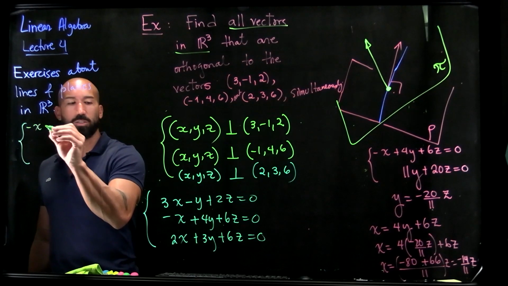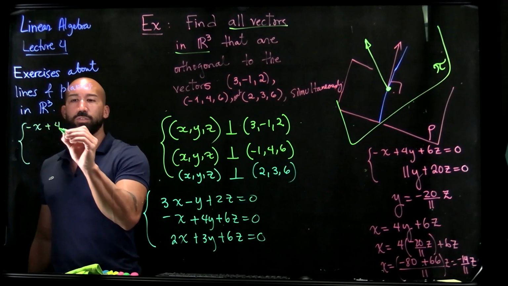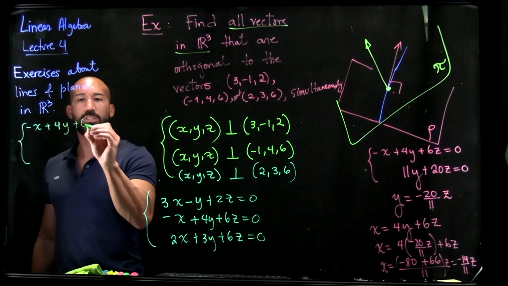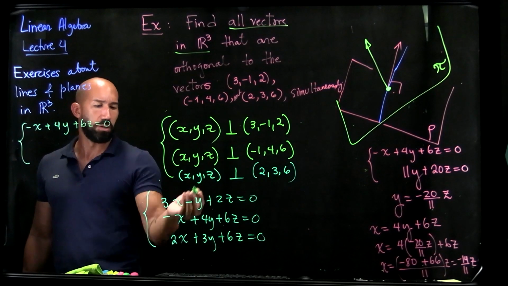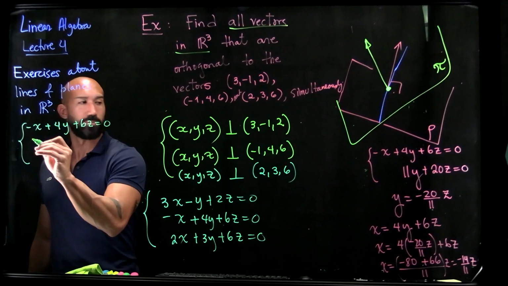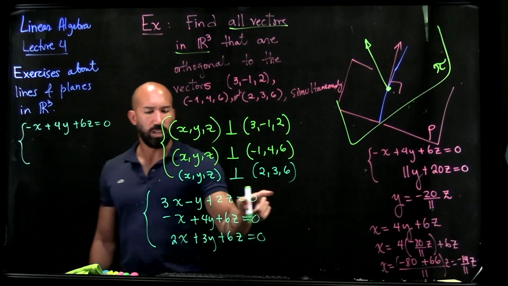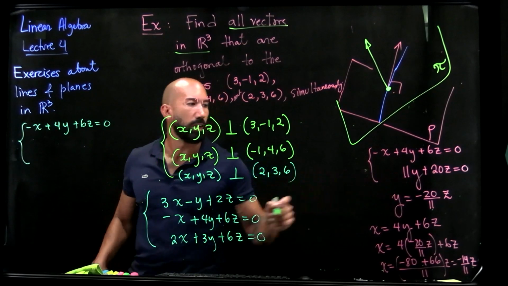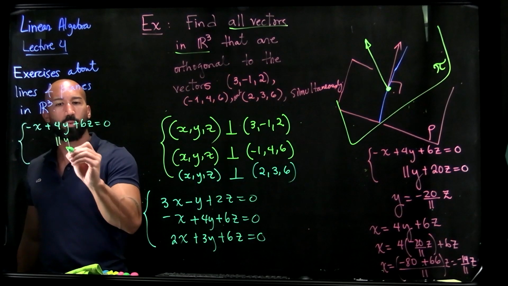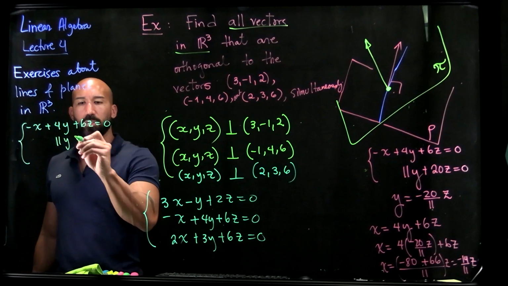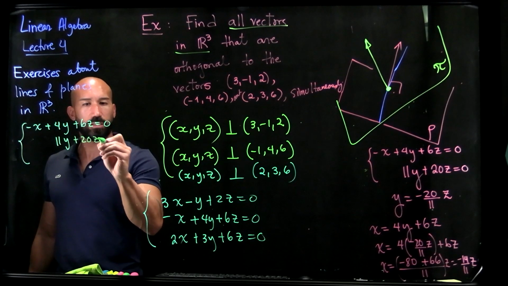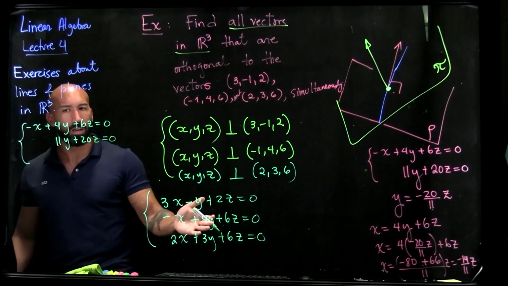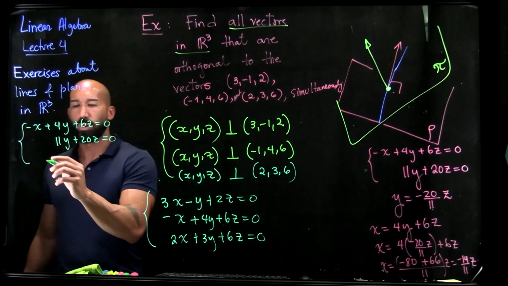So I'm going to write minus x plus 4y plus 6z equals to 0. And we'll keep the order of the other. What I know now that if I multiply this first by 3 and add it to a second, I'm going to get this one. So I want to put it here 11y plus 20z equals to 0. So I'm just skipping one step.